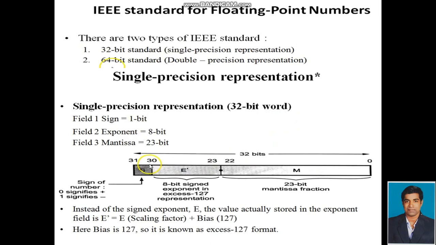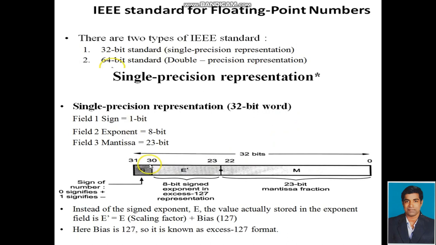In the picture depicted for single precision, we have 32 bits, in which the most significant bit is the sign bit, then the least significant portion is the mantissa, and the second portion, the middle portion, is the exponent. We have 8 bits for the exponent, which can represent a maximum of minus 127 to plus 127.